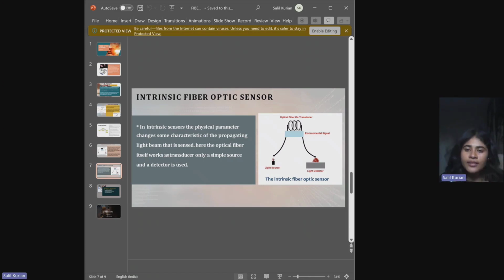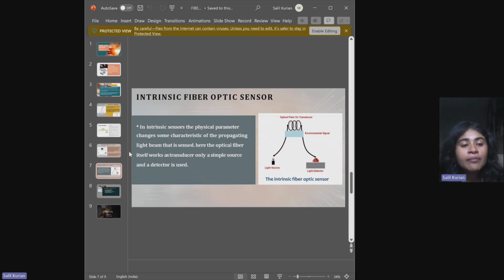Intrinsic fiber optic sensors have the sensing element integrated directly into the optical fiber, as already mentioned. Now we will see how they work. If you see the diagram, there's a light source, and there's an optical fiber wound on the transducer.